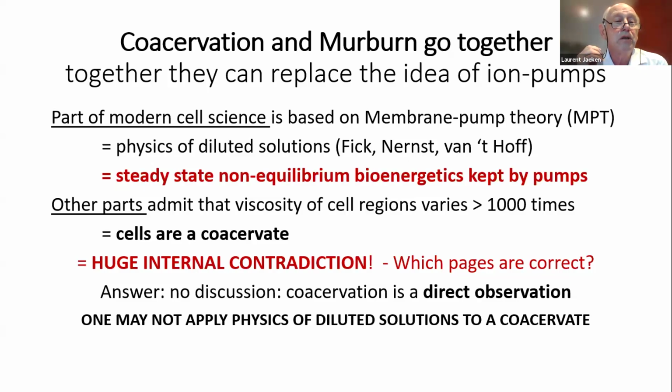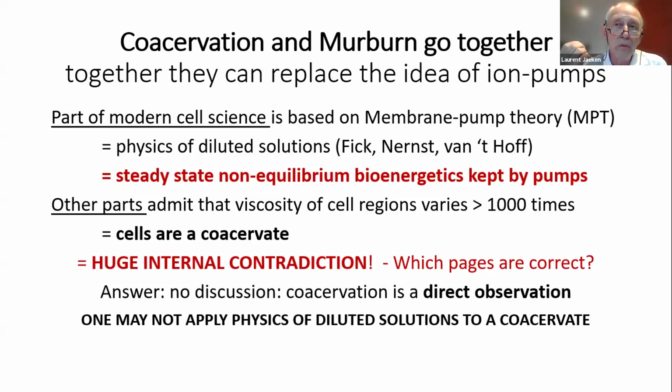In the same textbook, you find that the viscosity of different cell regions varies over 1,000 times. How is this possible for a solution? For a colloid, and a complex colloid, a coacervate, this is normal. So the cell is a coacervate. This is an internal contradiction in the same books, in the same university courses.